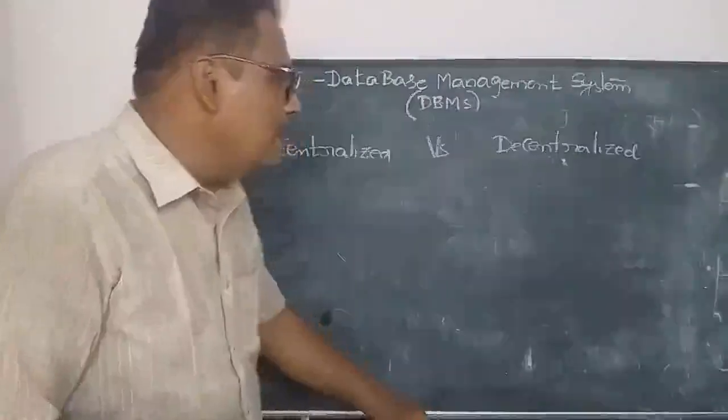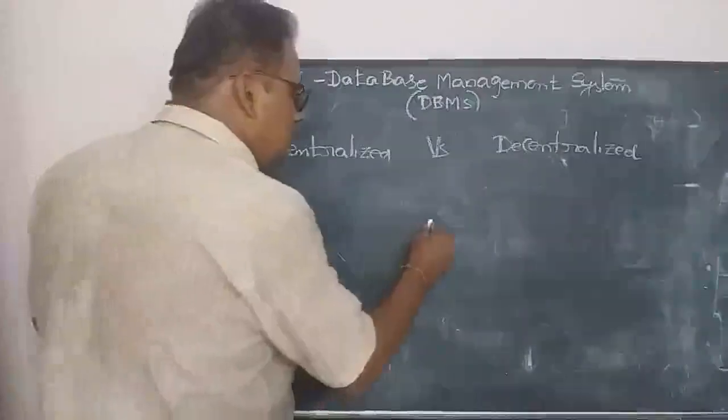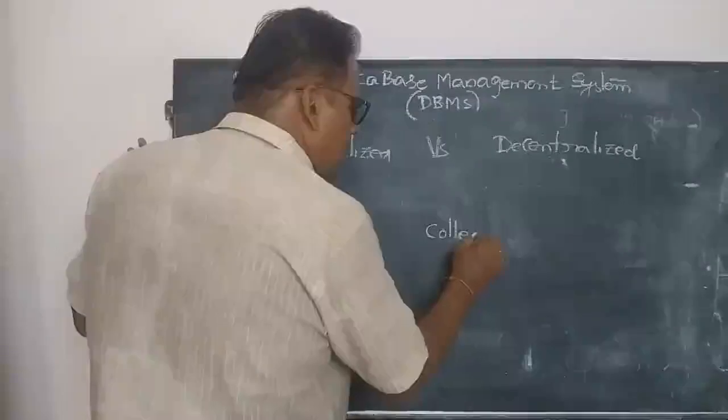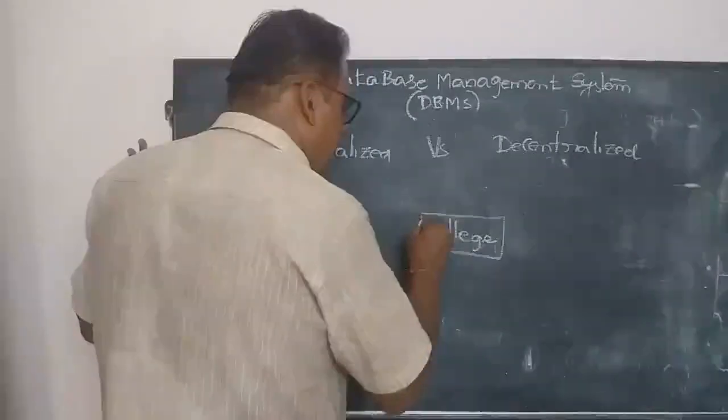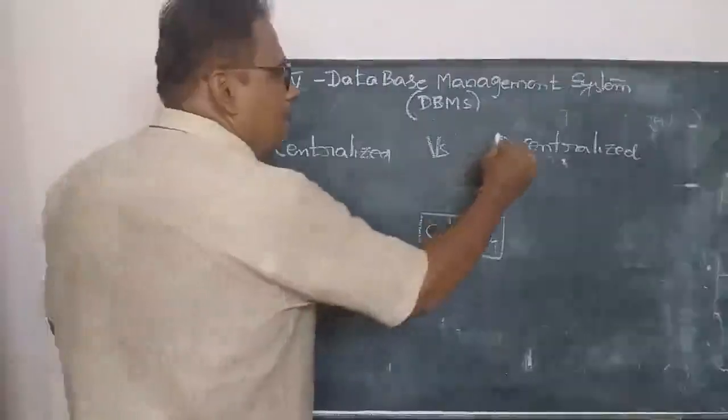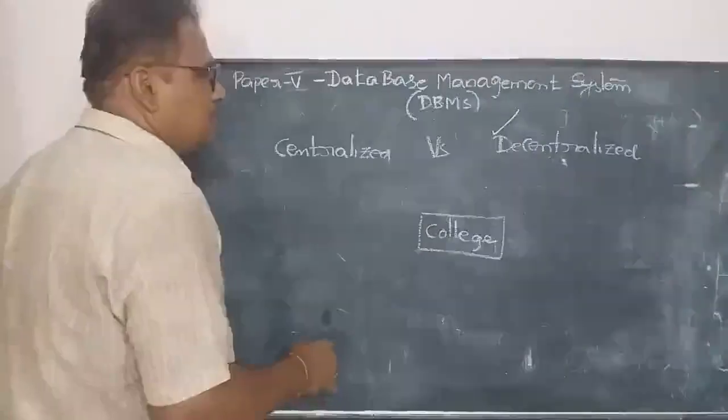For example, take a college system. Here, a college is there. Decentralization.